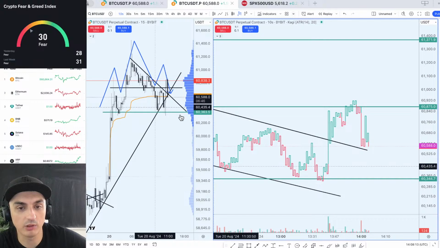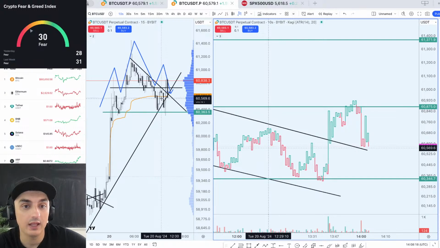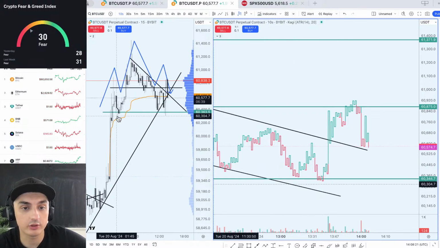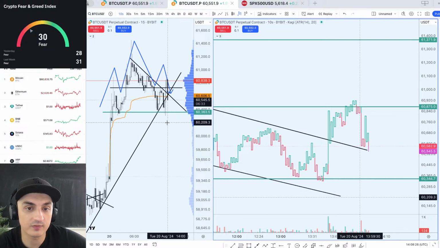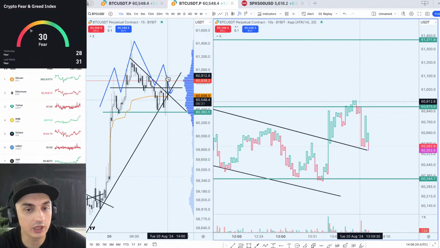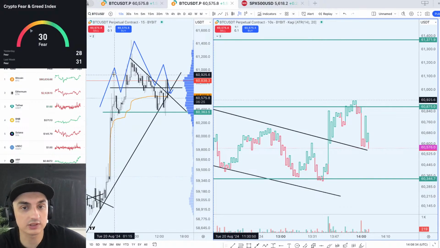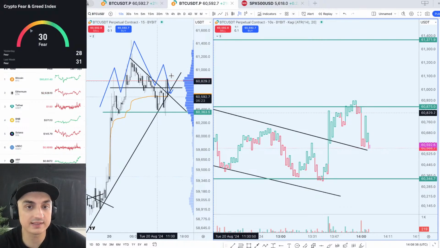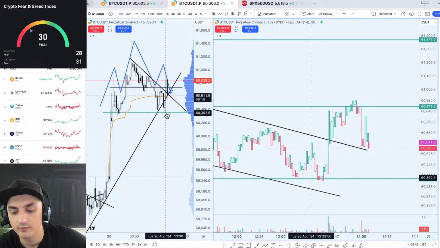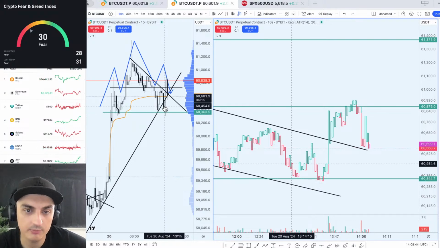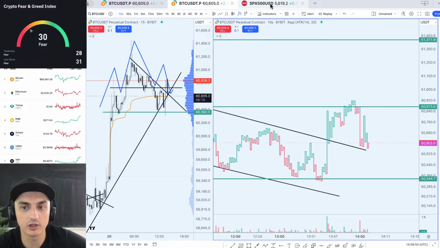For example, if this is a range bound market where we trade from 63,000 up to 69,000, you could place stop loss around 62,800. However, the market could just take away your stop loss and then go to the upside. And the same could be on the short side. You could place your stop loss around $61,000. However, next time we get to this area, it could take the stop loss and then go back again. So I don't know. For me, it's not my case to trade this kind of market.